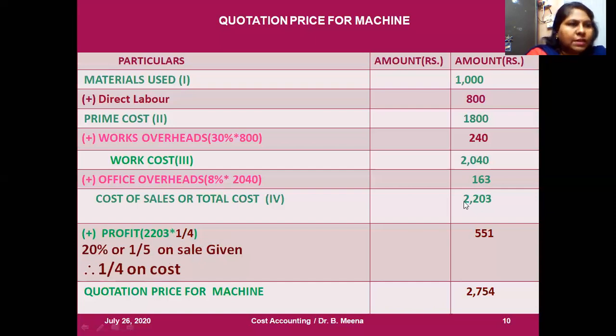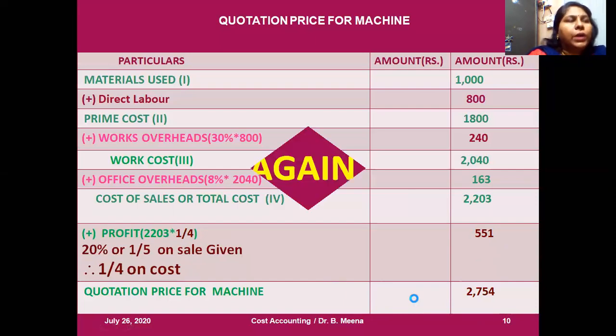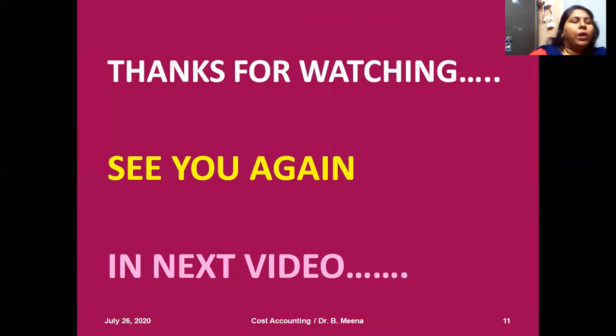Only the cost is available. That's what I converted here. So 2203 into 1 by 4, 551. So 2203 is my total cost, 551 is my profit. Then what is the quotation price for the machine? 2754. I should add my profit along with the total cost, then I will get the quotation price for the machine. So this is the way you can prepare a tender or quotation under the cost sheet model.